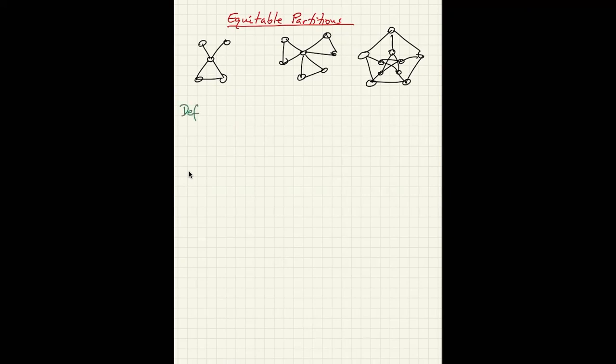Definition. Let's say we have a graph with vertex set V, and we're talking about a partition. Let's say we have a partition pi into parts X1, ..., Xm.